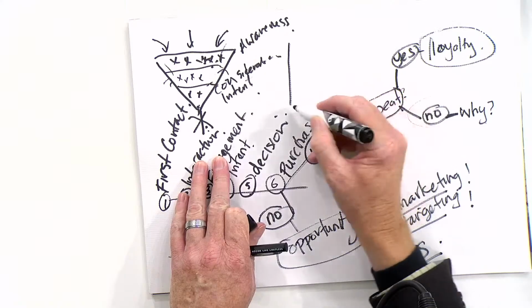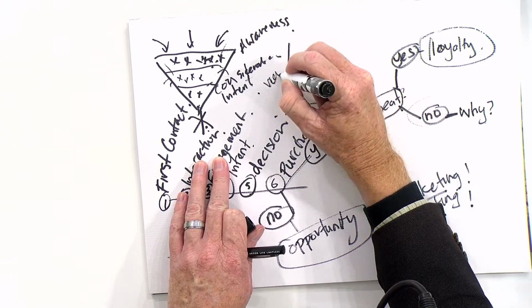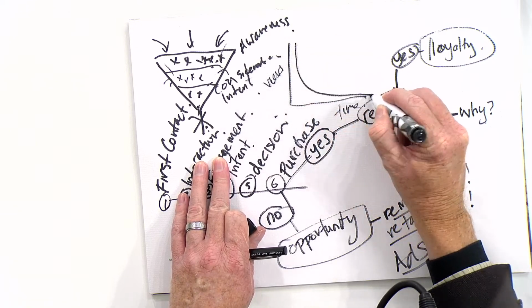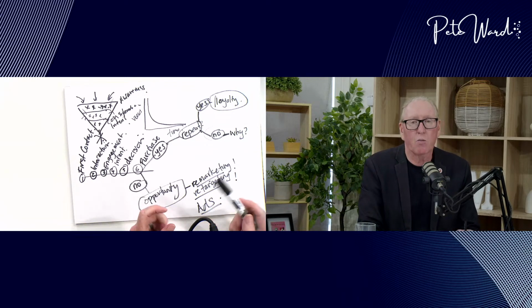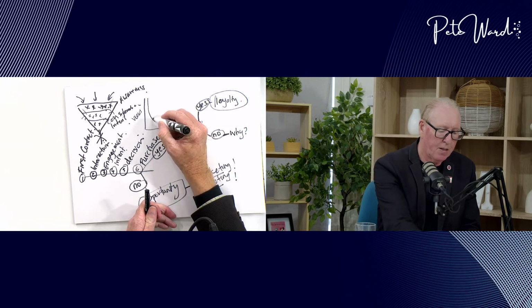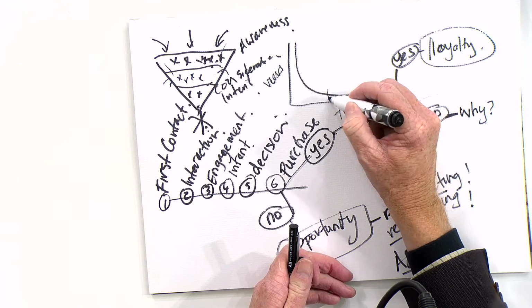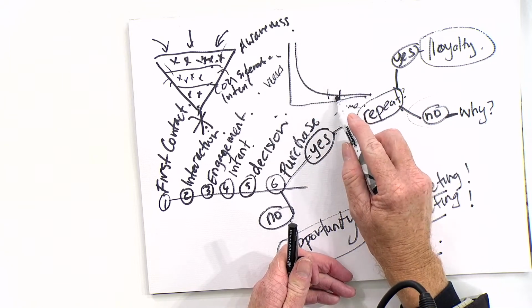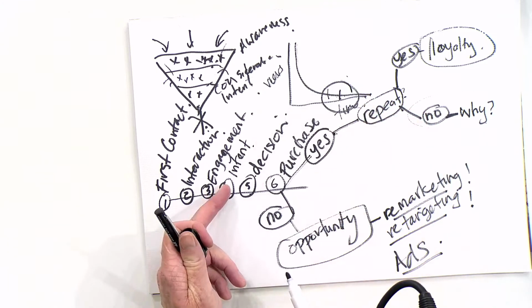So you get what we call a hockey stick effect of video views. Here's time, and here's views, and they all start there and then drop off, so it's like a hockey stick of video views. What you want to do is pick somewhere that makes sense to you, somewhere here, where there are fewer people who watch longer, but they have a lot more intent.